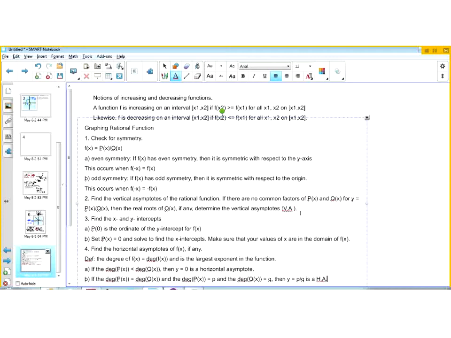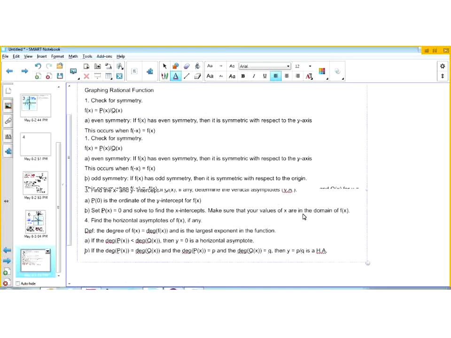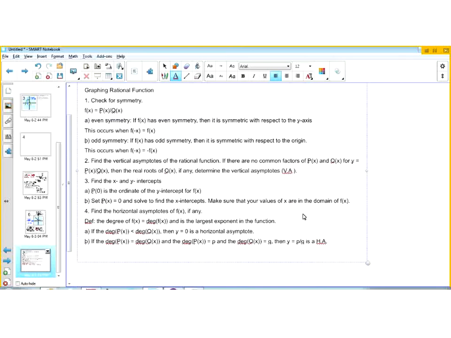Okay, so you have to be on the lookout for that. And of course, if the degree of P of x is greater than the degree of Q of x, then you have to divide the two, and essentially there won't be a horizontal asymptote at this juncture. More on that later, though.